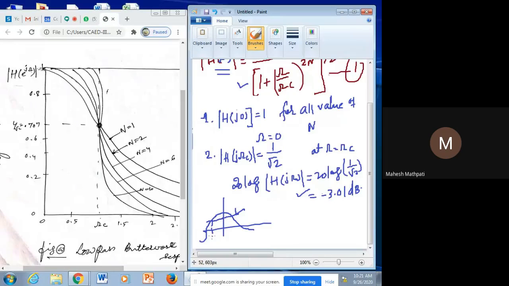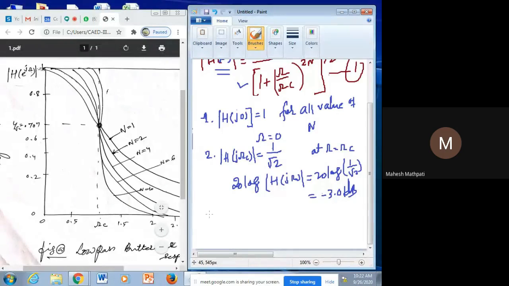So this we are calling it as F1 and this we are calling it as F2, ठीक है? तो ये F1 F2 डिटेक्ट करने के लिए हमें ये लाइन डिसाइड करना इंपॉर्टेंट है। So this value is 1 and this value is 0.707, so this is the line we are calling as a 3 dB line, ठीक है? तो यहाँ पे at omega equals to omega c, we are getting the point as 1/√2 or simply 0.707.